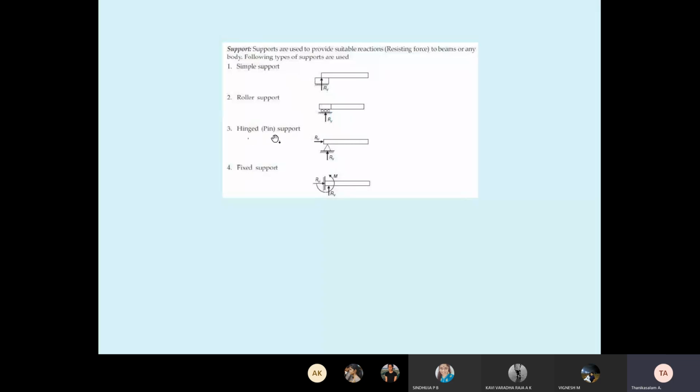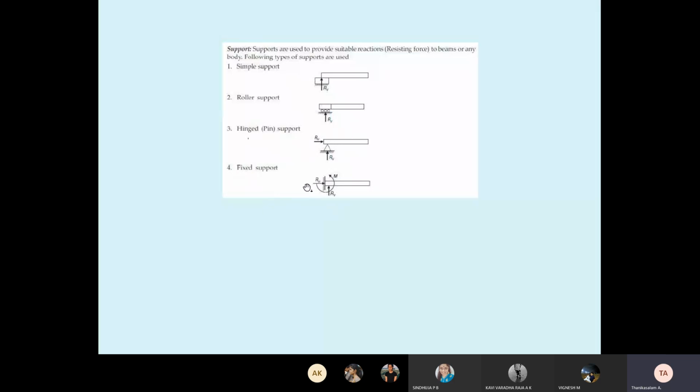Then hinged or pin joint. Whenever a hinged support is given, you have to introduce two reactions: RX, the X direction reaction, and RY, the vertical Y direction reaction. Then whenever a fixed support is given, you have to draw one horizontal reaction RX, reaction in X direction, RY, reaction in Y direction, and one moment, a couple moment also develops.